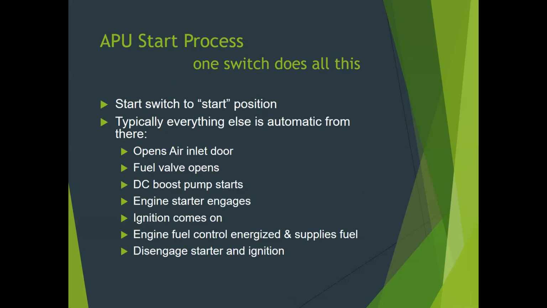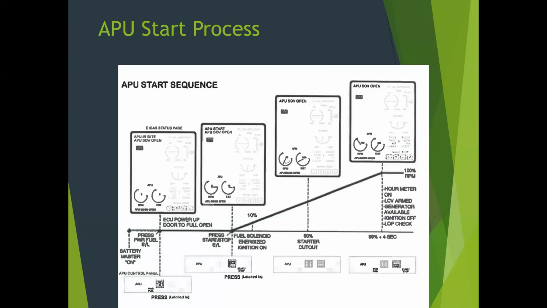This is just kind of a graph that shows it over time. Along the bottom, in this instance, this APU happens to have two buttons. It has basically an on button and a start button. So the on button is pressed here, and the aircraft batteries here.